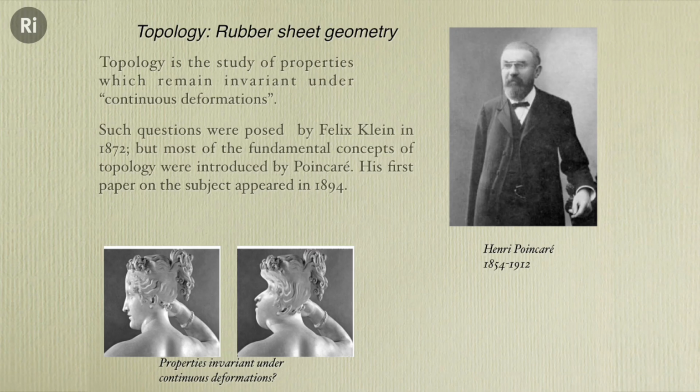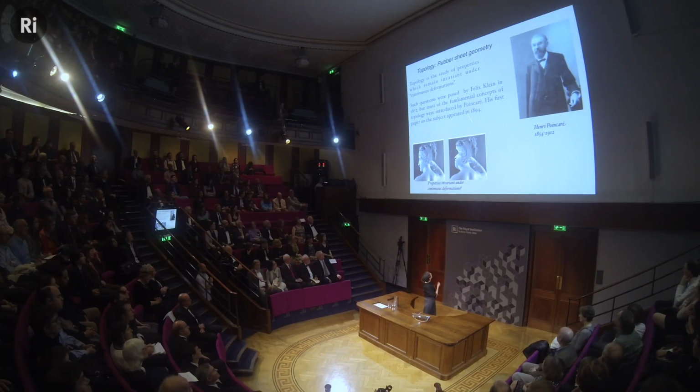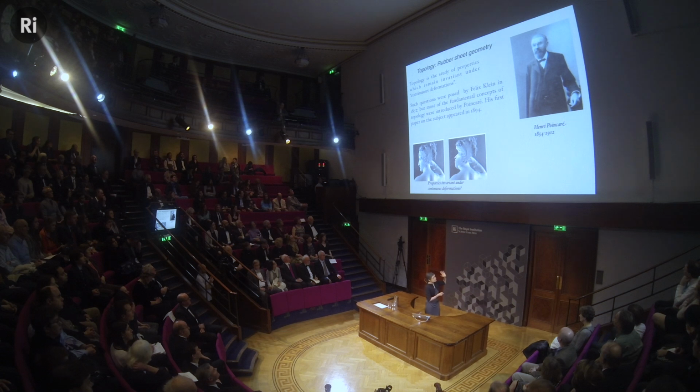I'm sure many people here are well acquainted with Poincare. He was really one of the absolutely great mathematicians of all time, in mathematics and mathematical physics. He contributed to an enormous number of different areas, and in particular, he's often known as the father of the subject of topology, although he wasn't quite the first person to do it.